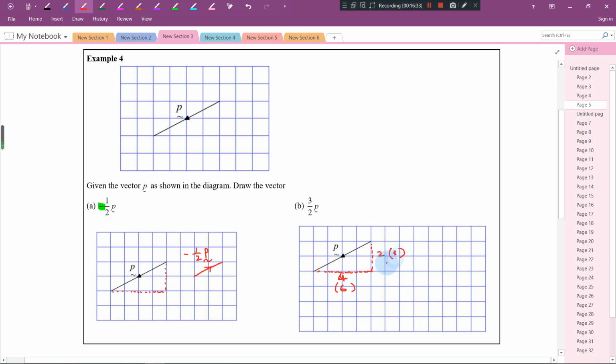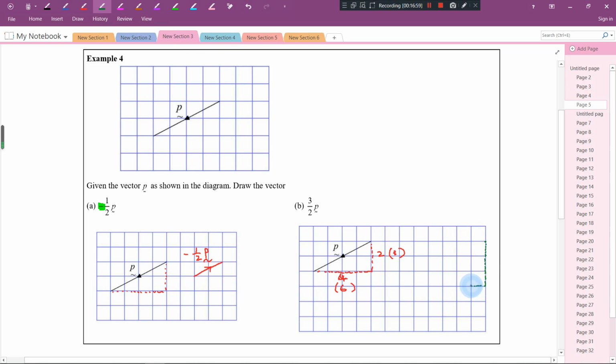Now I'm going to draw this vector. So let me use a triangle to help me. I go down 3 units, go here 6 units. Okay, how about I start from here? 1, 2, 3, 4. Oops, I just need 3. 1, 2, 3.